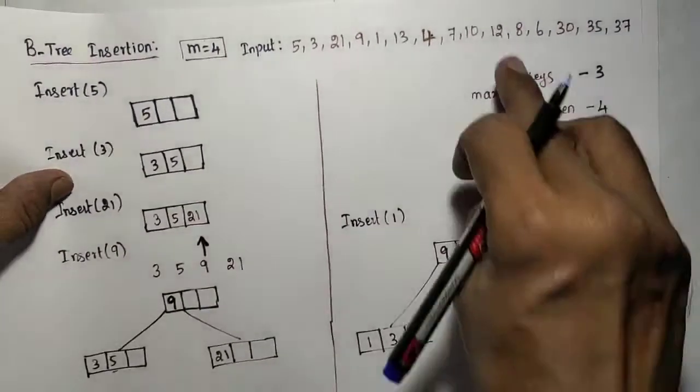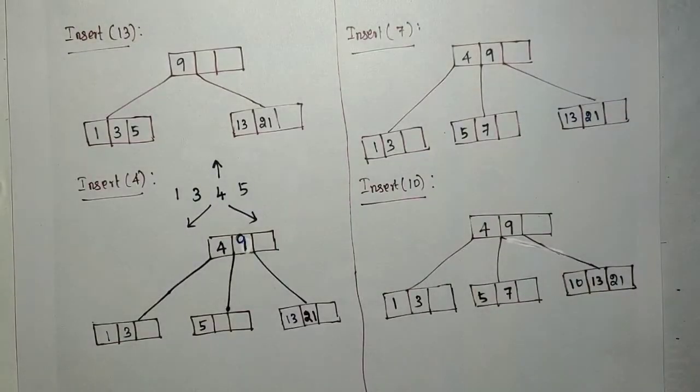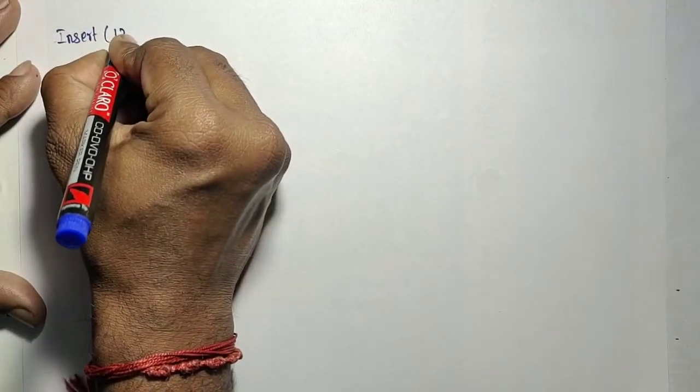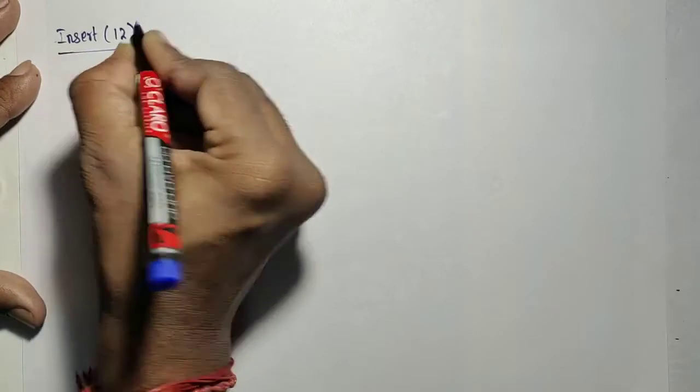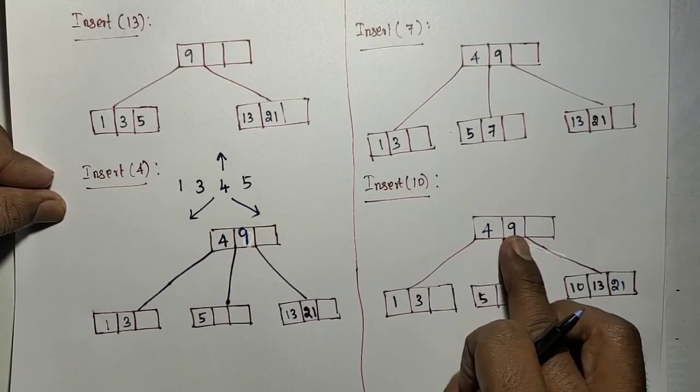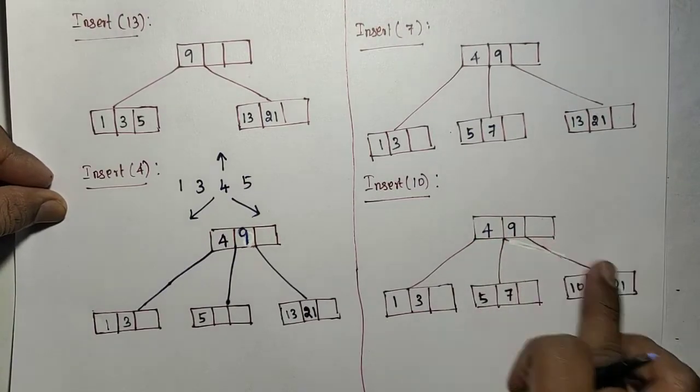Next I need to insert 12. Insert 12: it is greater than 4 and greater than 9, so it goes to the right of the 9.